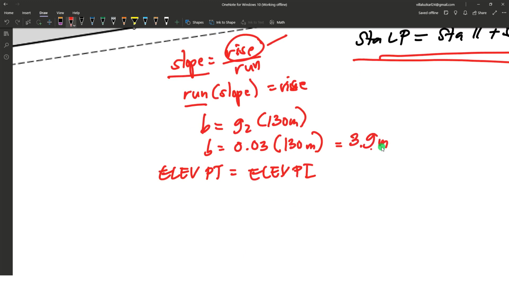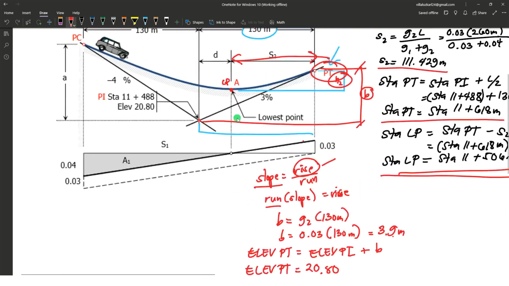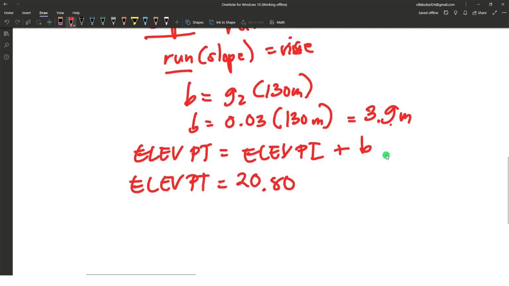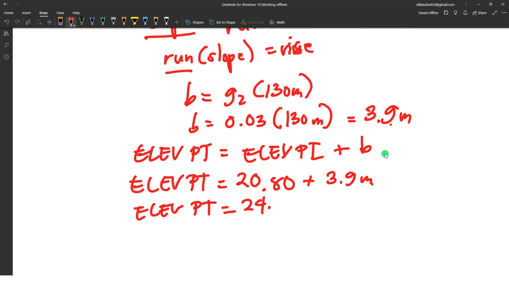So the elevation at PT is equal to the elevation of PI, which is 20.8, plus B. The elevation at PT is therefore 24.7 meters.